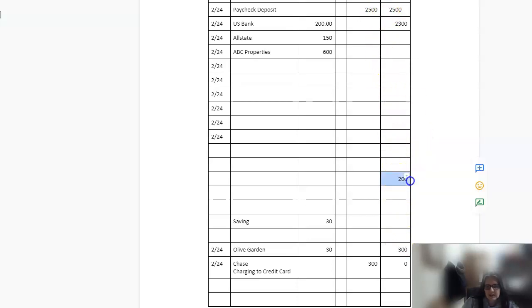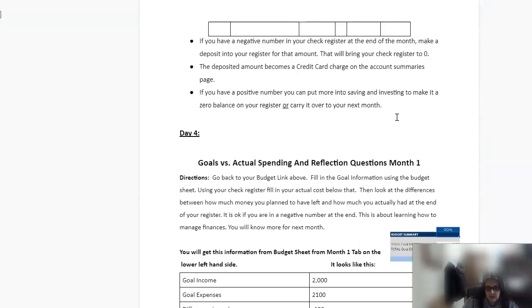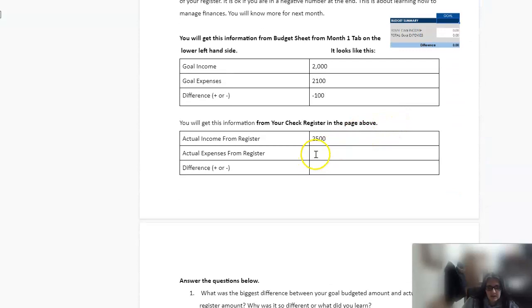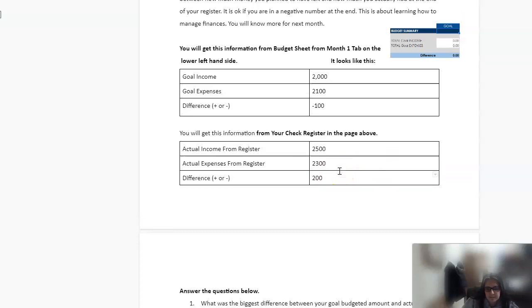All I did was not spend $200 of it. So I could take that 2,500 and subtract $200 for it. That's my expenses, so it would be 2,300. So I would put expenses from the register, 2,300, and then I already know I had 200 left. So that's the difference. It's a positive amount, right?